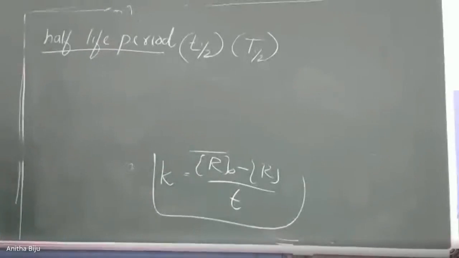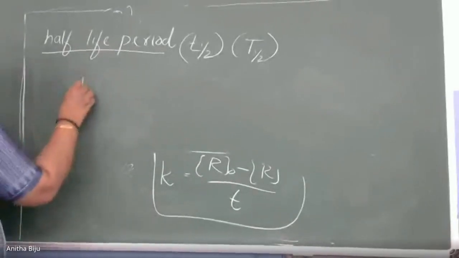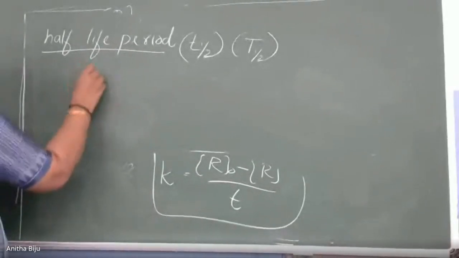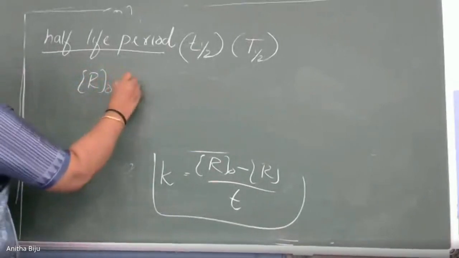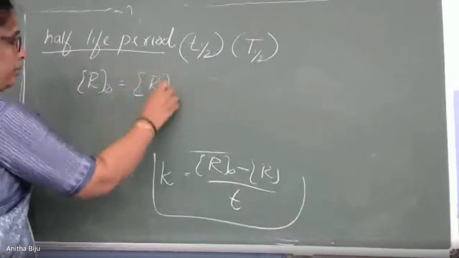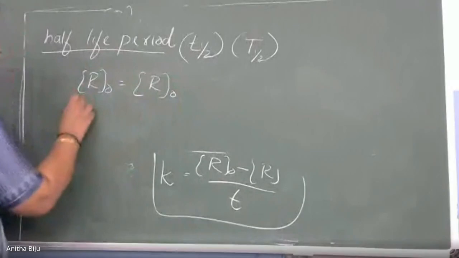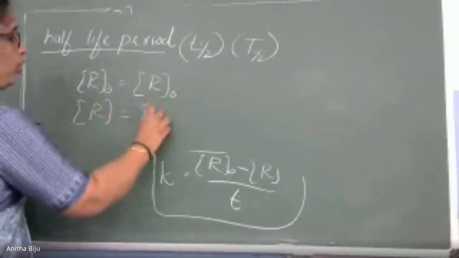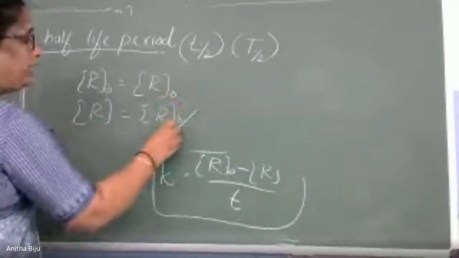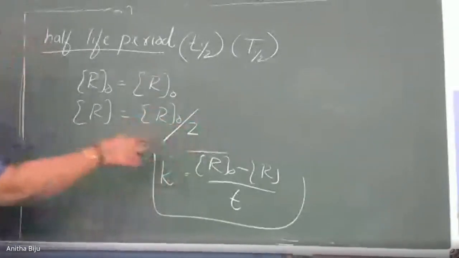R naught is the initial quantity, and R is equal to R naught by 2. Why is it 2?